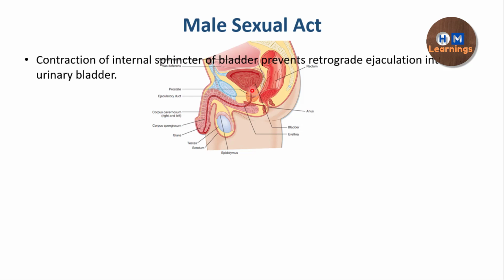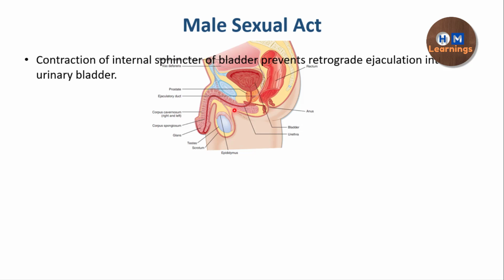Then there will be contraction of the prostate, so there is expulsion of the prostatic content into the urethra. And third, last, is the contraction of the seminal vesicle, so that it can expel the fluid and everything into the prostatic urethra. So first there was contraction of the vas deferens, then the prostate, then the seminal vesicle, and ultimately all the content has come into the prostatic urethra.